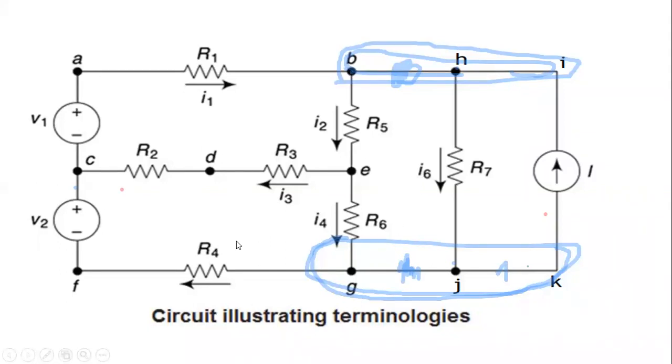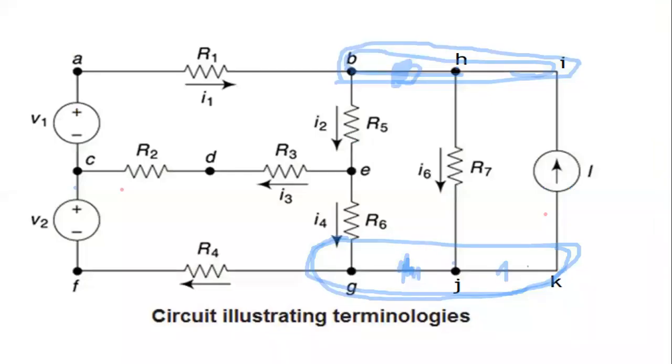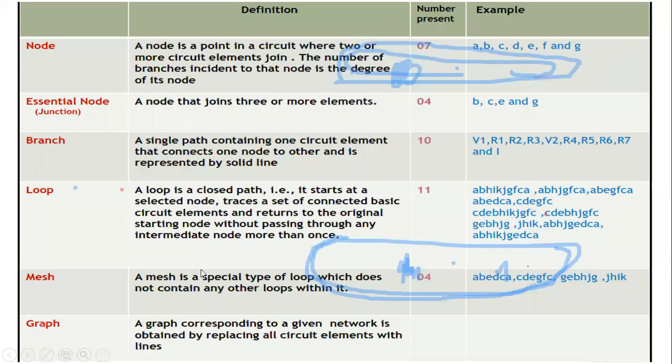Then comes loop. So loop, mesh, you already know. We have already covered loop and mesh. After that, there is a concept of graph. So what is a graph? A graph corresponding to a given network is obtained by replacing all circuit elements with lines.